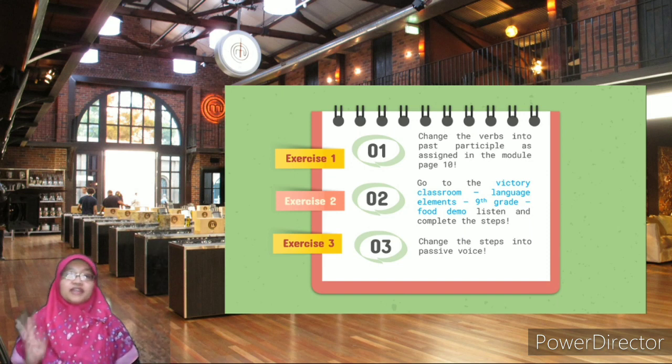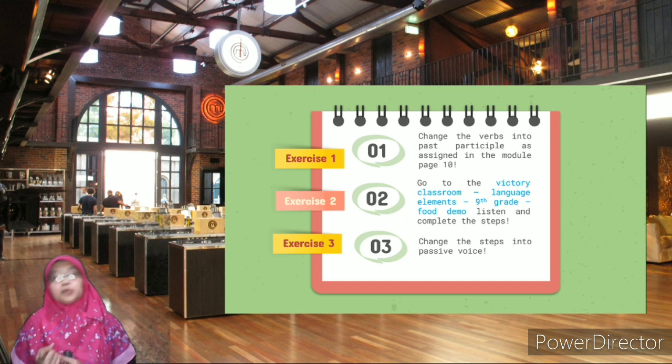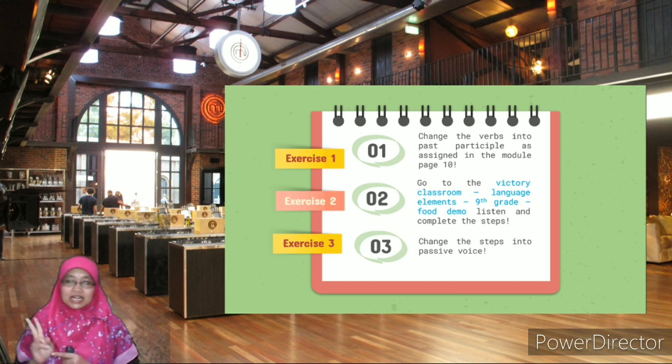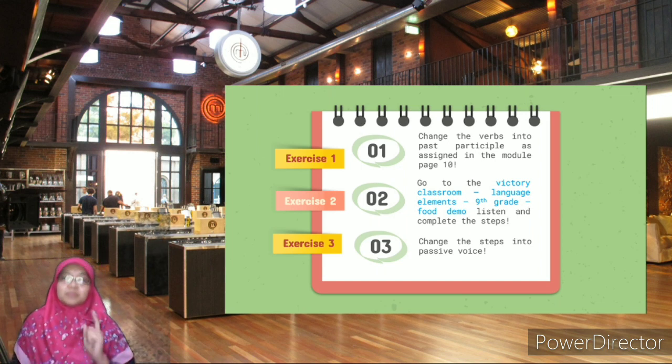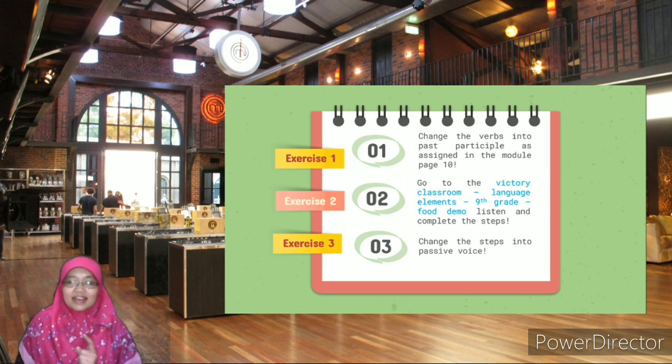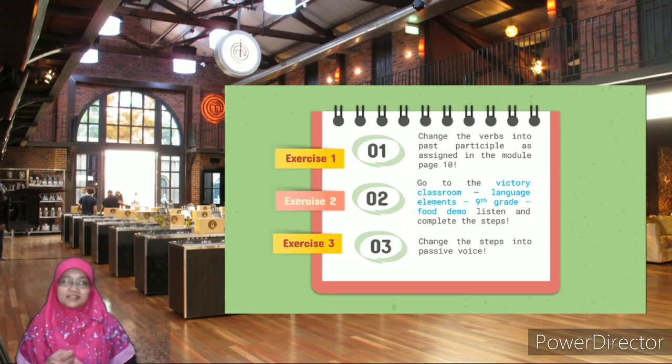You have 3 exercises. The first one is to change the verb into the past participle, and next you have to listen and complete the steps. And after you have completed the steps, then you have to change it into the passive voice. If you have any questions, you can ask me later via WhatsApp.